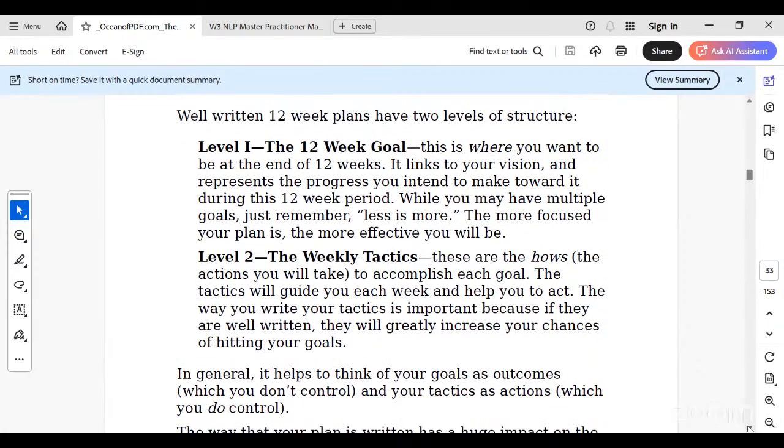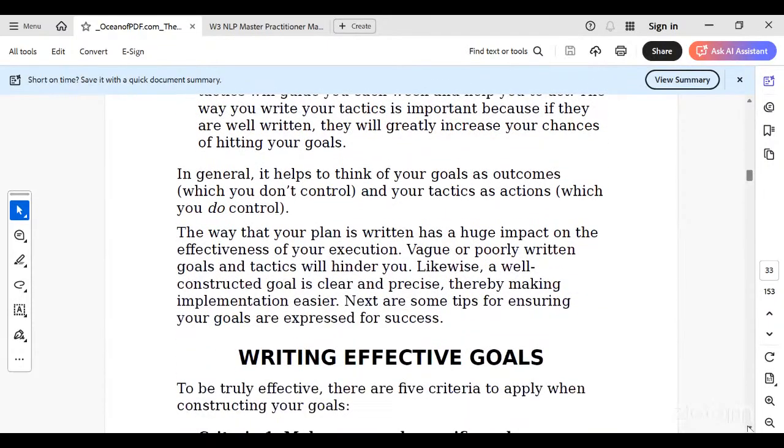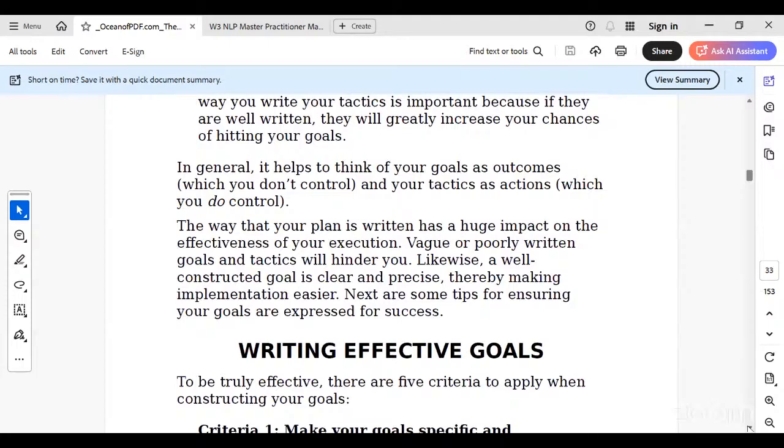Level 2, the weekly tactics. These are the hows, the actions you will take to accomplish each goal. The tactics will guide you each week and help you to act. The way you write your tactics is important because if they are well written, they will greatly increase your chances of hitting your goals. In general, it helps to think of your goals as outcomes which you don't control and your tactics as actions which you do control.